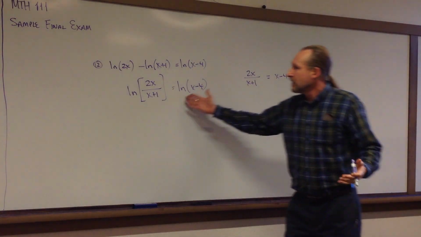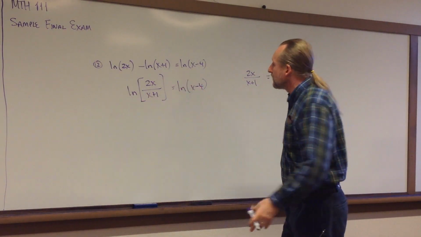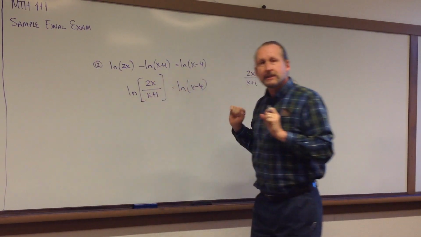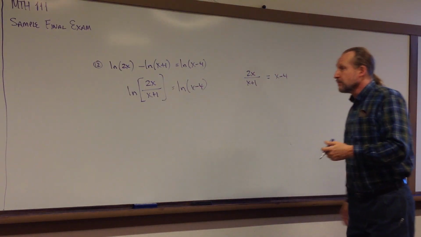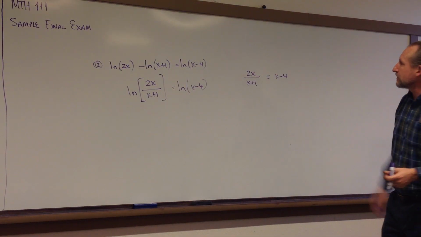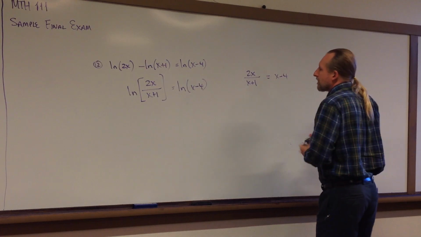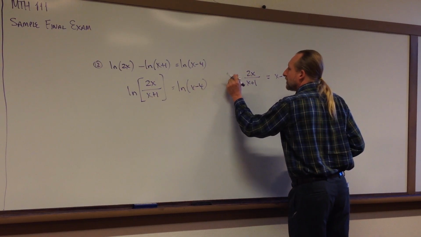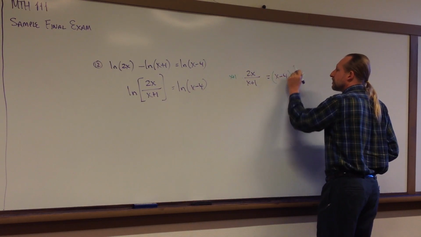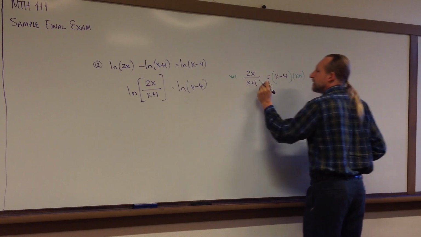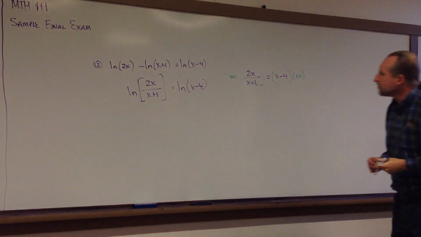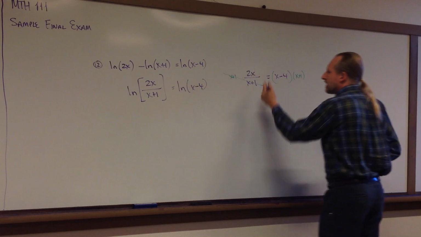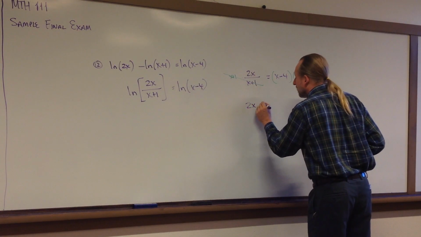This is saying if their natural logarithms are equal to each other, then the quantities inside that we're taking the natural logarithm of also have to be equal to each other. Okay, so now we want to multiply on both sides by x plus 1. These cancel, that's the whole point of multiplying by x plus 1. That'll leave us with a 2x on top.